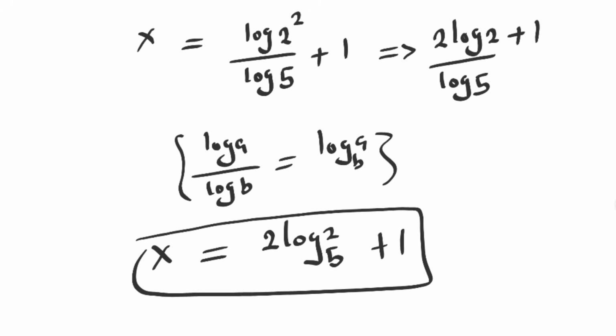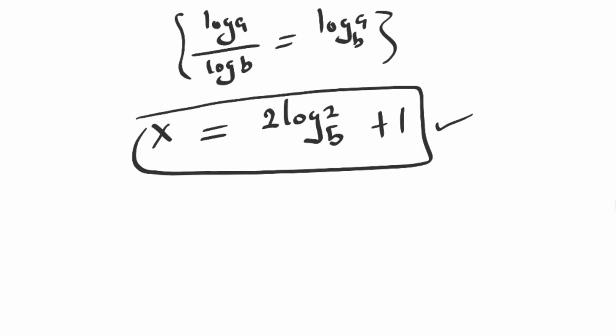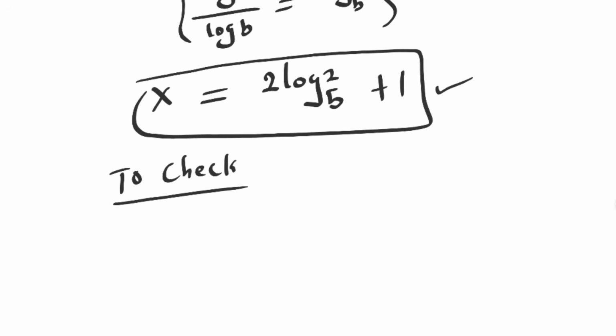We may check to confirm if this answer is right or wrong. Let's check. To check, we have the given equation 5 raised to power x plus 2 is equal to 125 multiplied by 4.